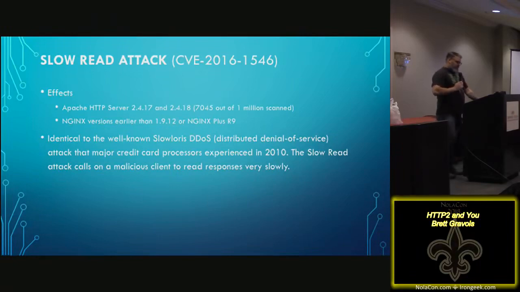And the Nginx versions are a little bit harder to find because people like to hide that for some reason. It's shameful. And it's basically identical to Slowloris DDoS. So basically, you attack the client and you DDoS it, just from the responses.